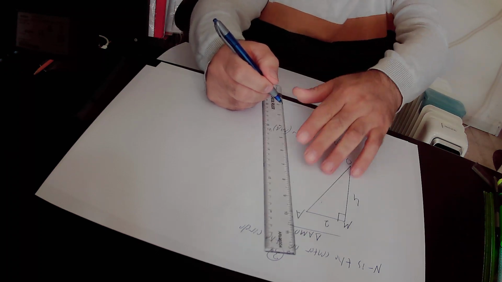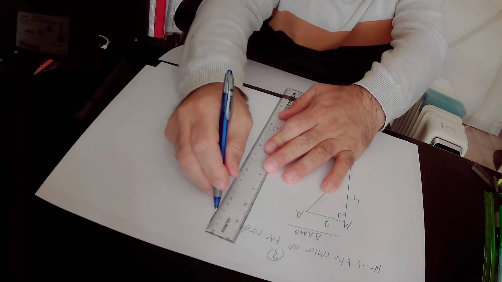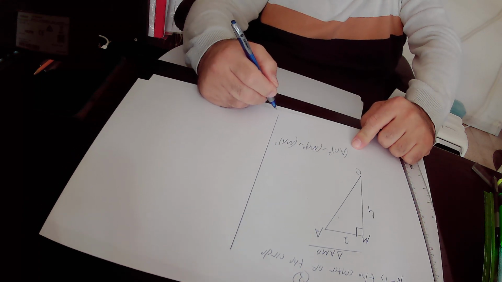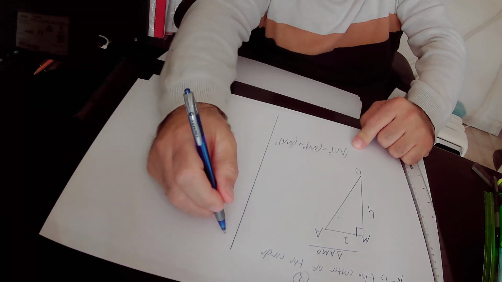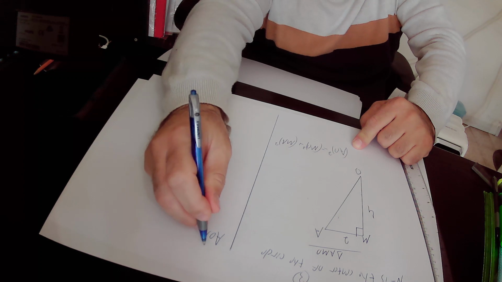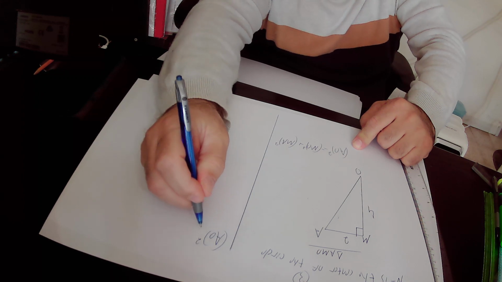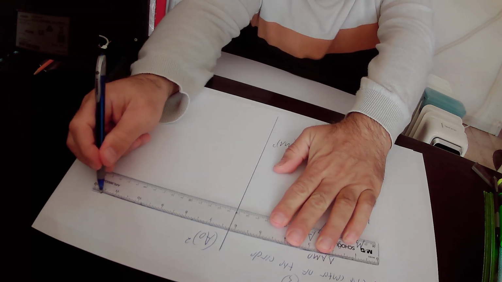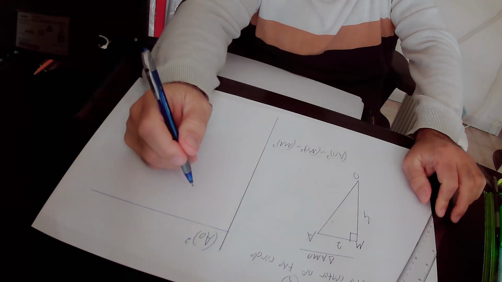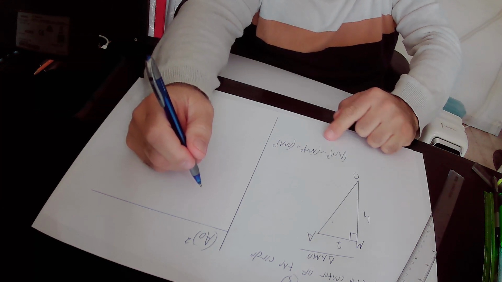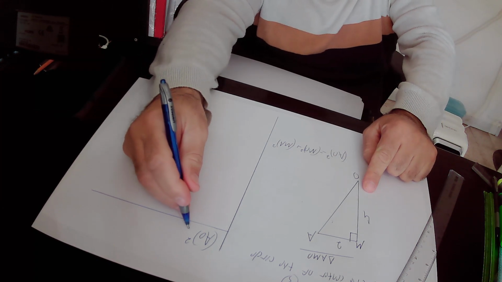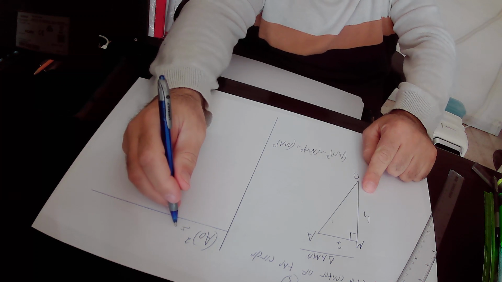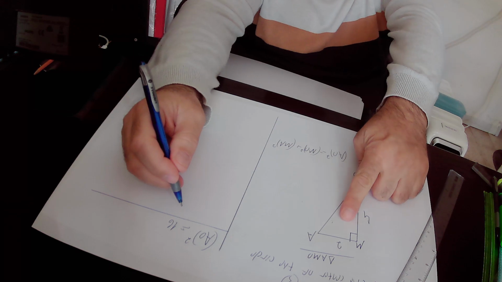So AO squared equals MO squared. MO is 4, therefore MO squared is 4 squared, that is 16, plus AM squared.